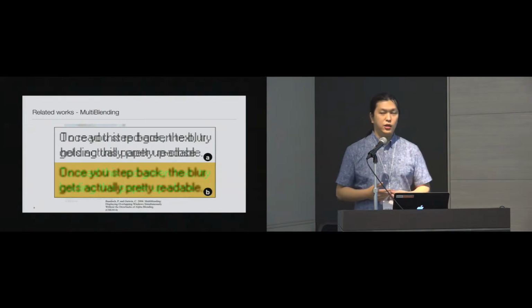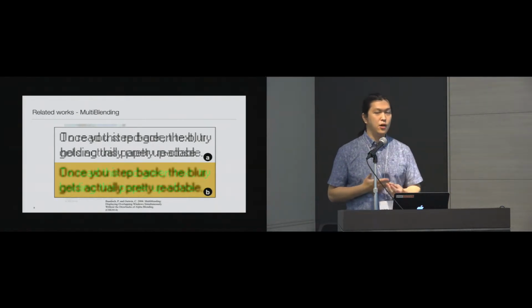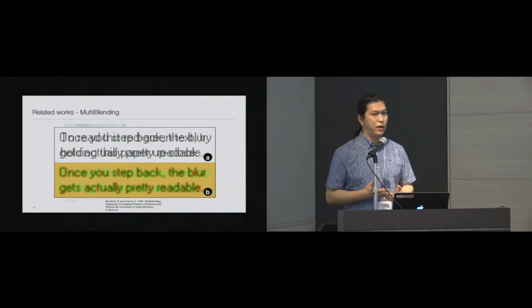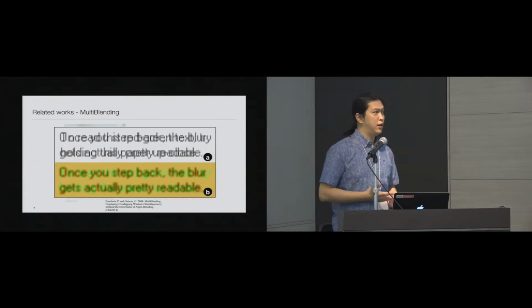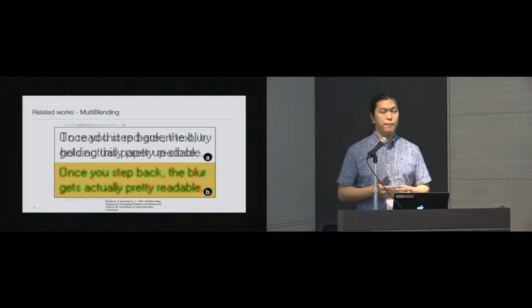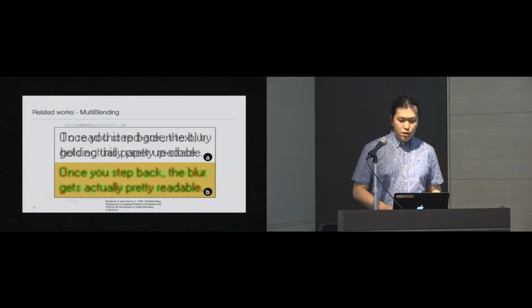And if you're concentrating on the luminance contrast between the background and the text, you can read it probably once you step back and blur it. So there are two layers overlapping. However, by focusing on a different attribute, the two layers can be disambiguated.